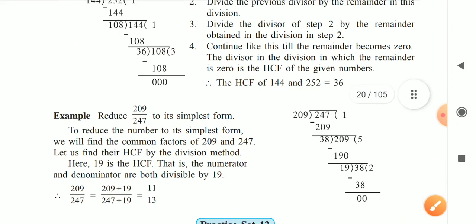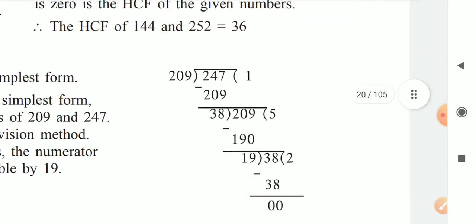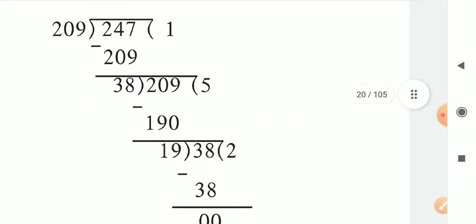Now another pair of numbers is 247 and 209. We will solve this example.